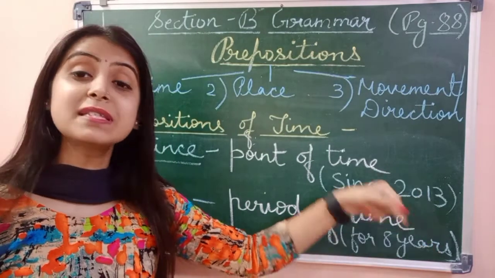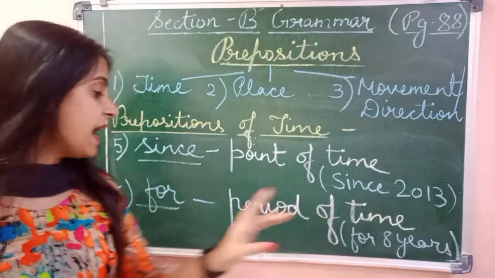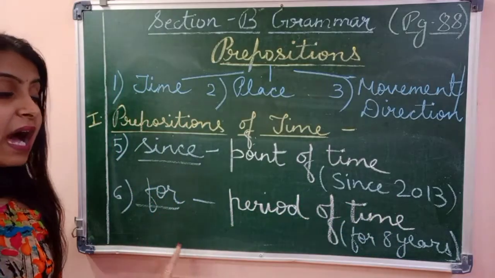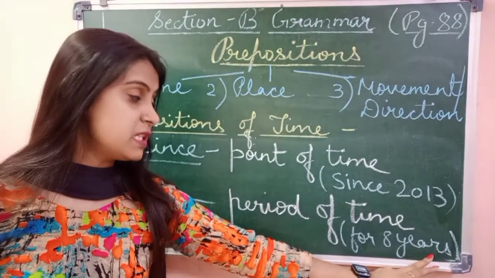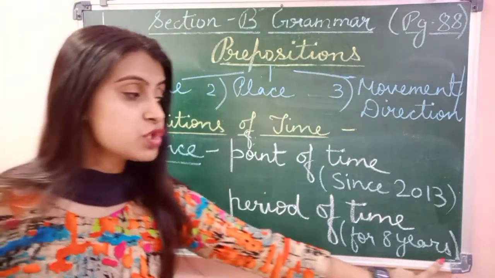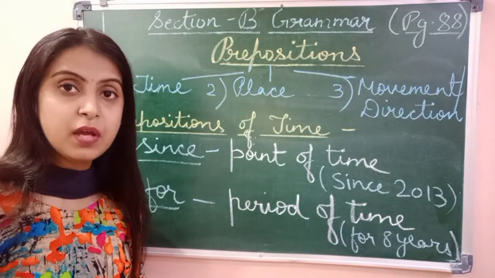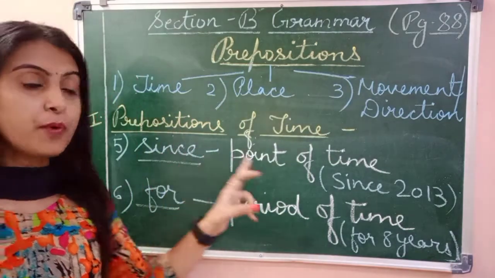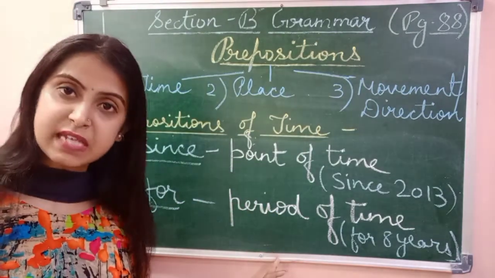So it shows the starting time, right? 2013. Whereas if I say, I have been working for 8 years, so this 8 years shows the period of time. It does not indicate the beginning time. Okay. So since shows a point of time and for shows a period of time.